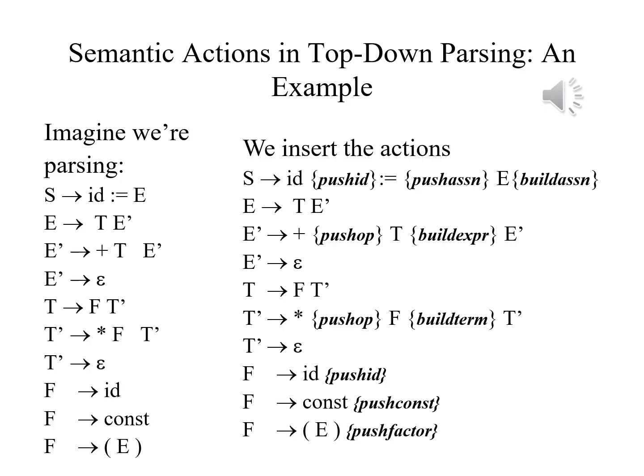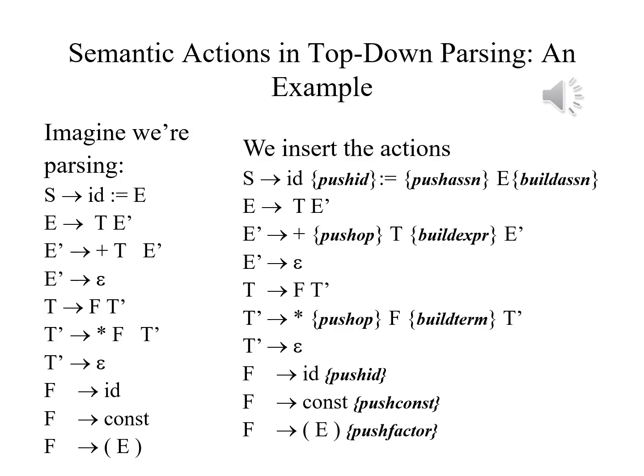If you look on the right, you can see how we added the actions, where before we had S derives identifier is set equal to expression. After identifier, we have push ID. So this will be added to the top of a semantic stack. We have the assignment operator and then push assignment, so we are creating a tree fragment. And then E, build assignment.